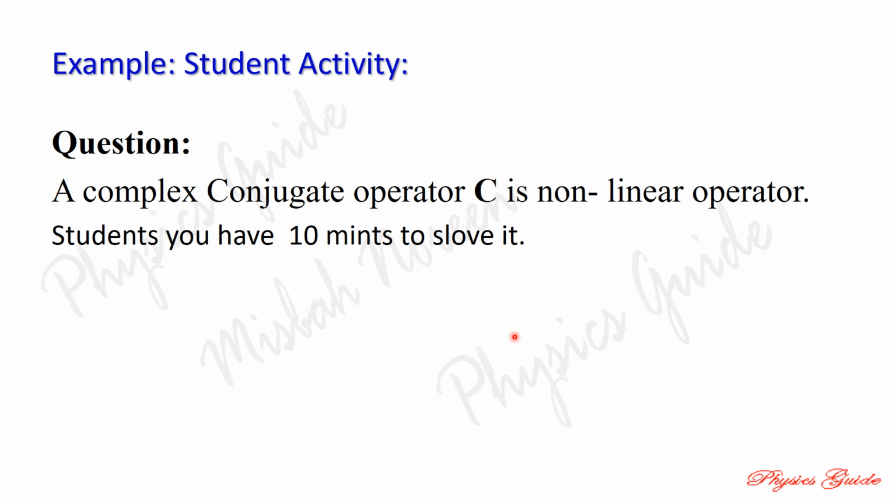Then we multiply a constant with the operator. So when we multiply a constant with the operator C, it is equal to the C star, the complex conjugate. So remember that and solve this example.